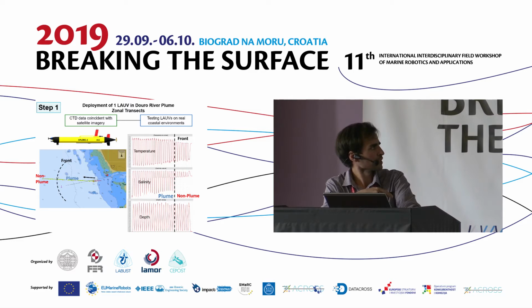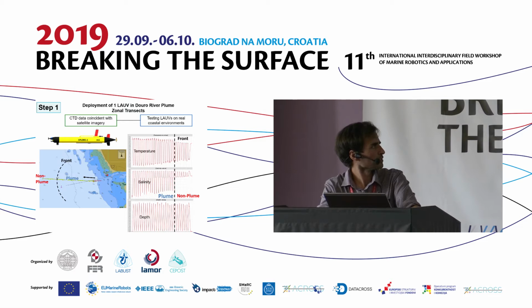In the plume zone, there is a strong variation in salinity, but at some point the range is much lower. This is the ambient water.